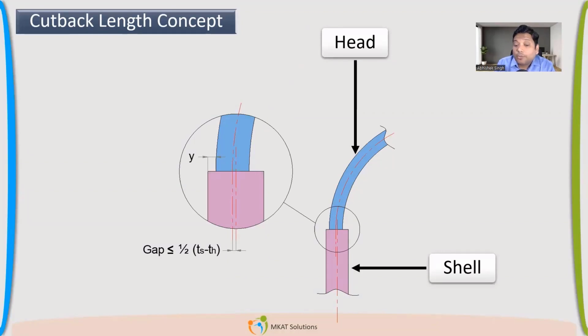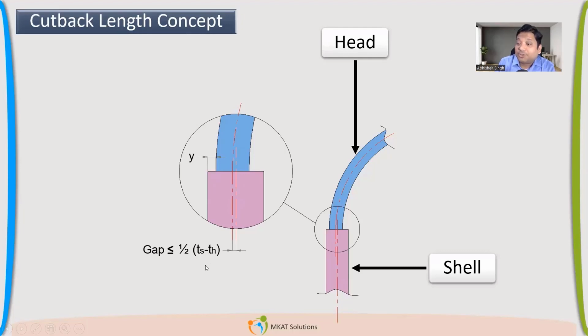Okay, so as per UW, you were saying OD to be matched, ID to be matched. The code requirement is that the center line distance of these two elements shall be less than or equal to half of the thickness difference.